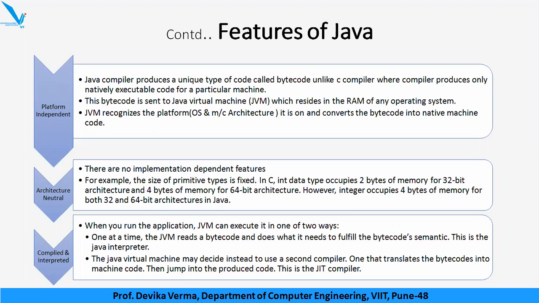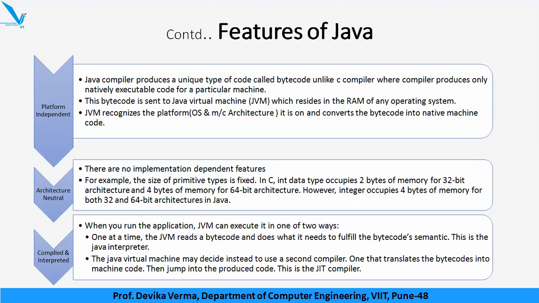But in Java, for example, your integer will occupy 4 bytes in memory in any architecture. So Java does not include such implementation specific features, and this is what makes Java architecture neutral.